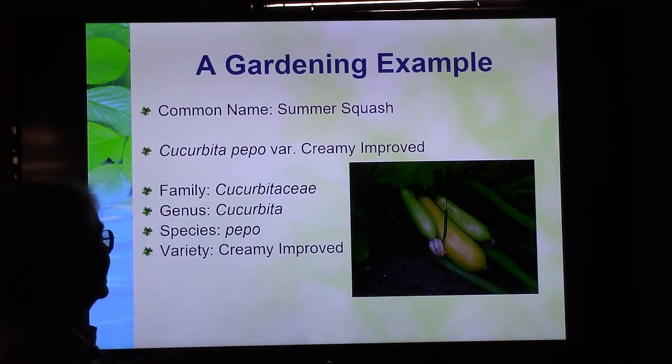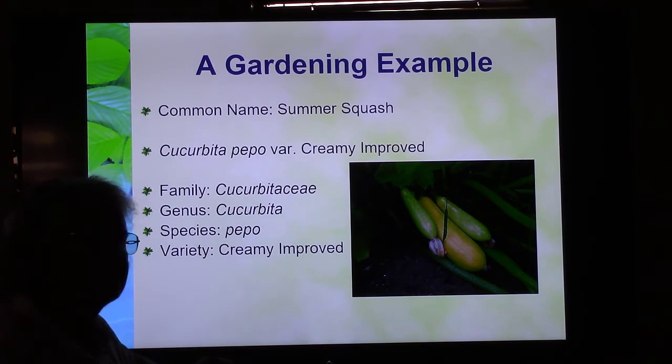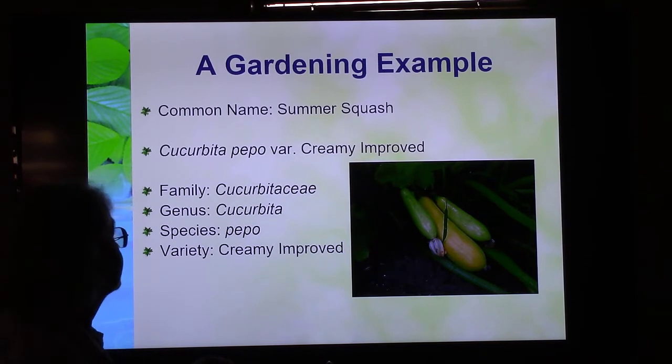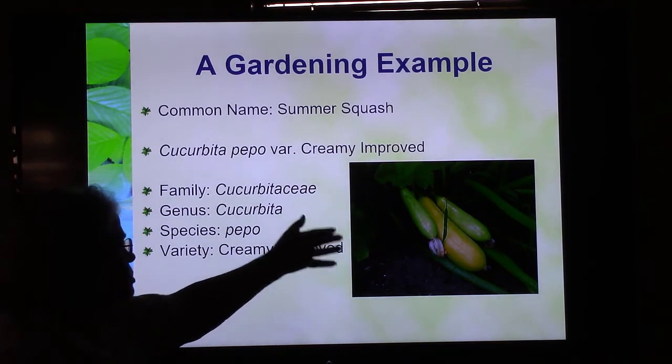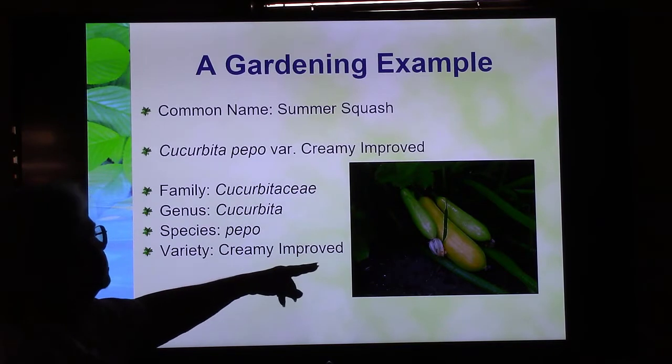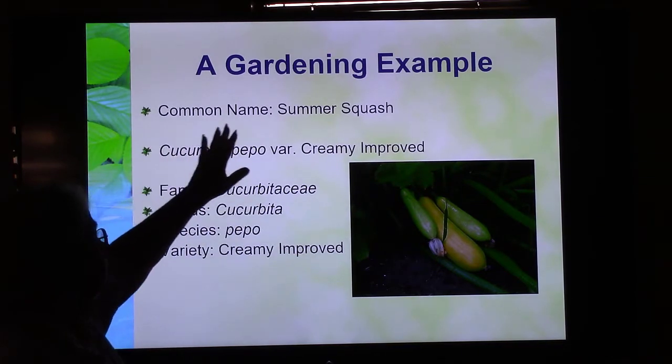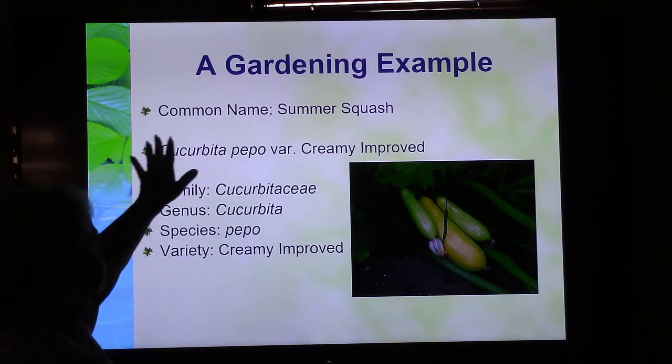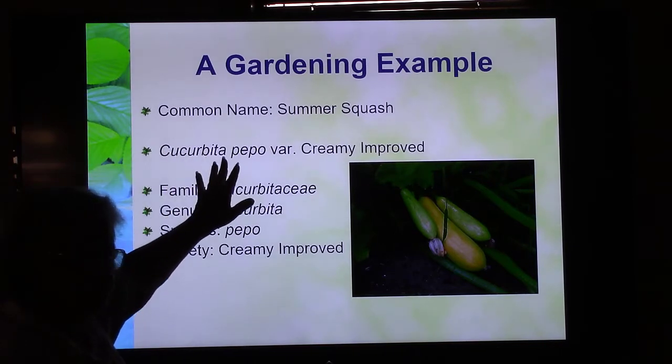Now, the way common names and what we call scientific names work is this. Here's a picture of something I grew a couple of years ago. Common name, summer squash or yellow squash.